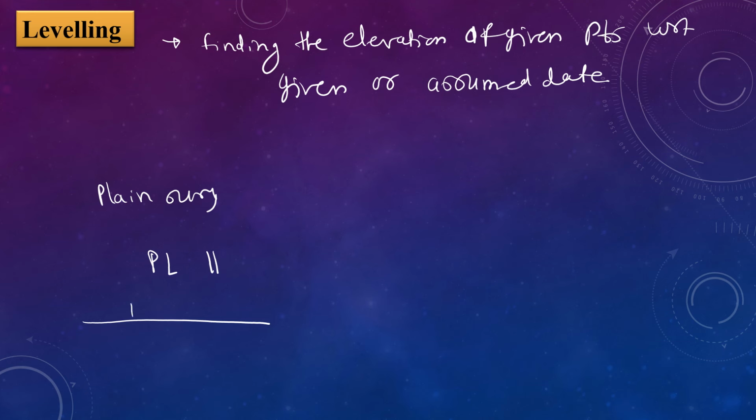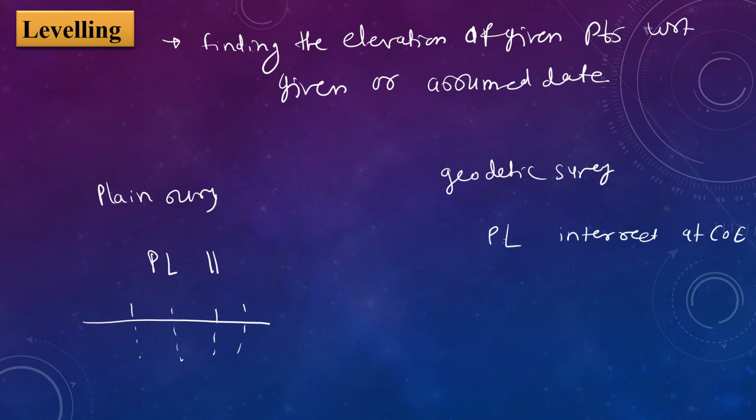This is the surface and these are the plumb lines on this surface. In case of geodetic survey, plumb lines intersect at the center of earth. These are the plumb lines in case of geodetic survey.